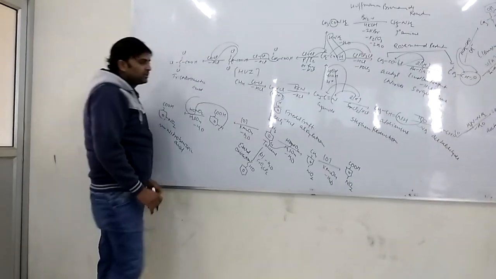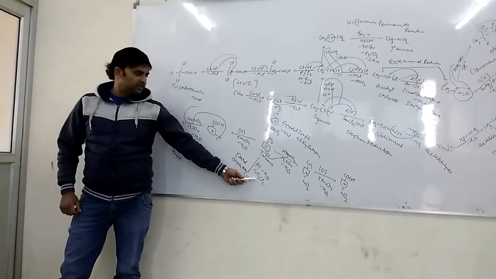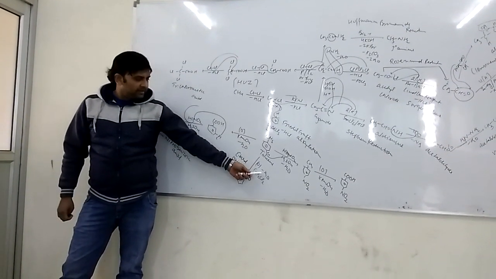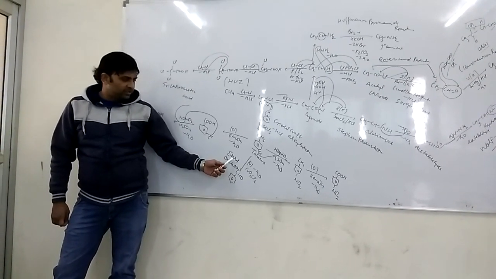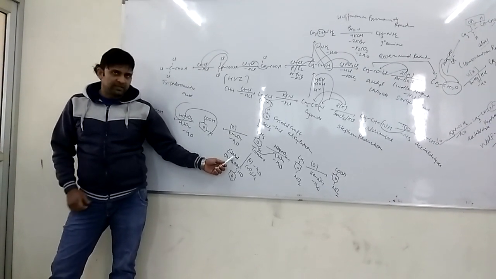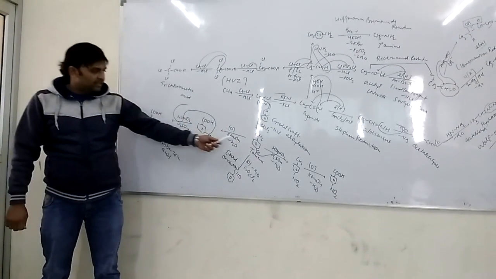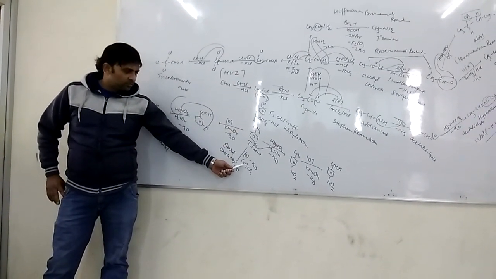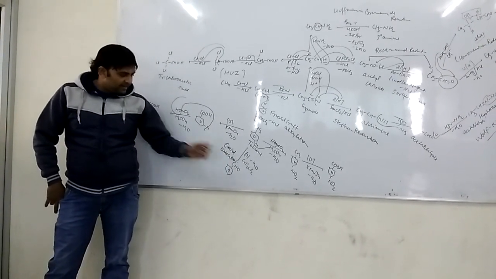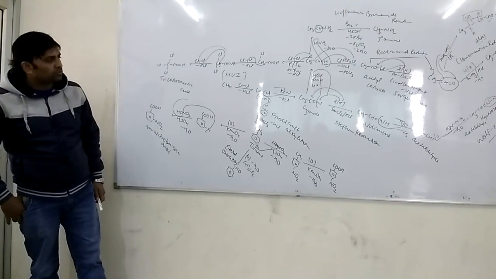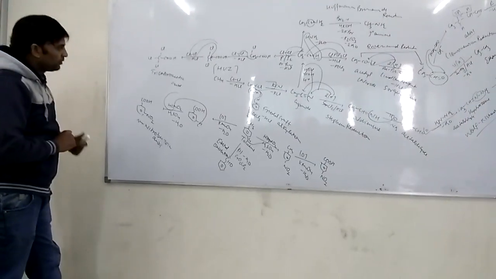This is the conversion of toluene into benzaldehyde. When oxidized in the presence of KMnO4, we get carboxylic acid. If it is oxidized in the presence of chromyl chloride, this is the formation of aldehyde, benzaldehyde, and this is known as Etard oxidation. Okay, now we come to another part of it.